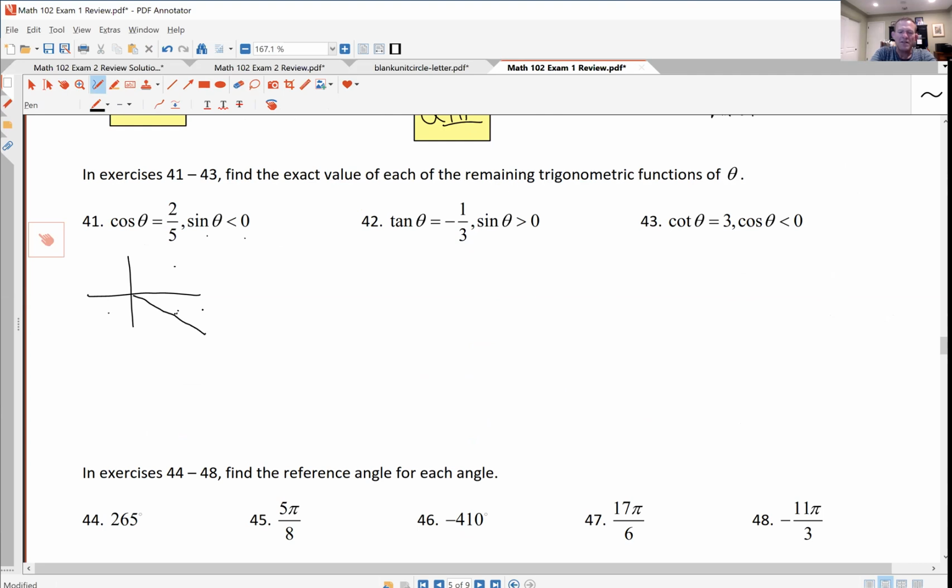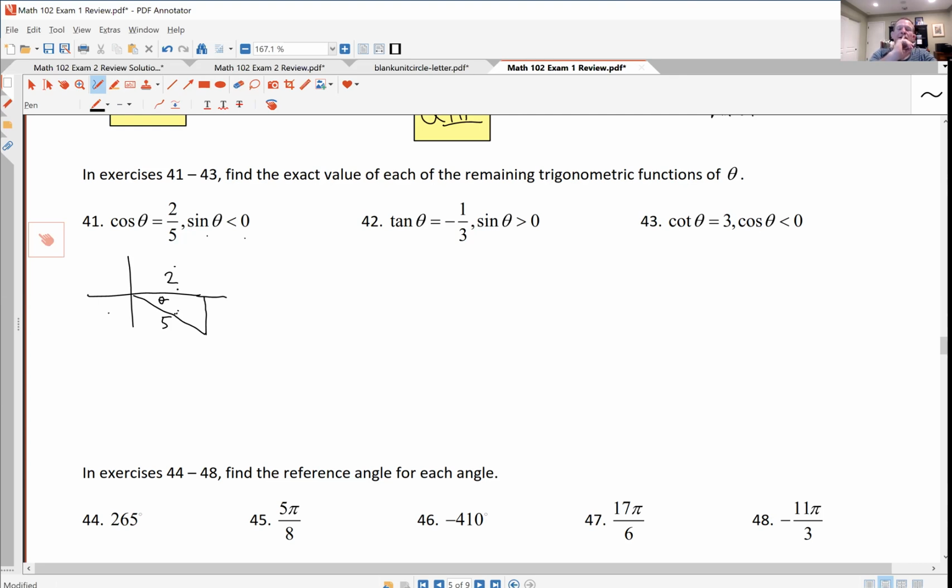So I'm going to draw this reference triangle to figure out the exact value of the remaining trig functions. So cosine of theta is 2/5, and cosine is the adjacent over the hypotenuse. And then the remaining side on that triangle.